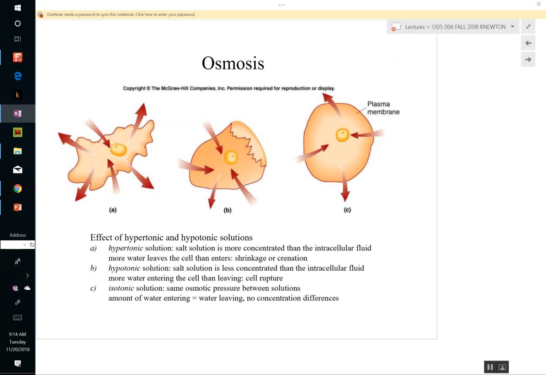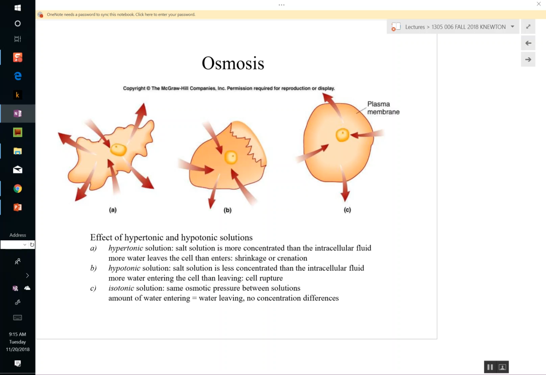What's inside there? Basically saline. And what's outside there? Saline. Equal concentrations. The concentration of stuff in the cell is equal to the concentration outside the cell. So water just freely passes. As any water passes out, water passes in. Water, water, through the cell membrane.